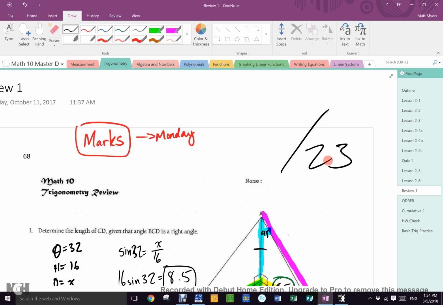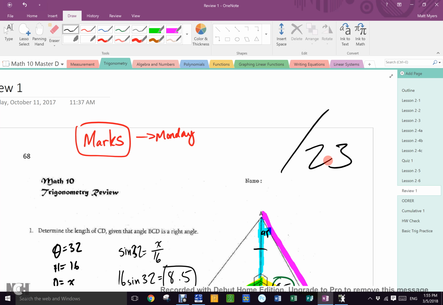And the last thing is the cumulative exam. And we are going to write that next Tuesday. Now, I've explained the cumulative exam numerous times.